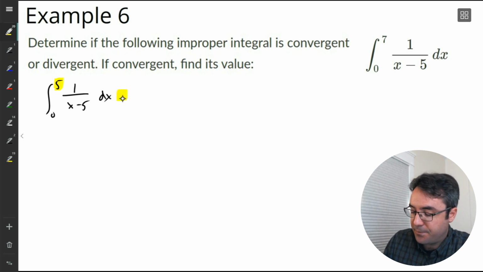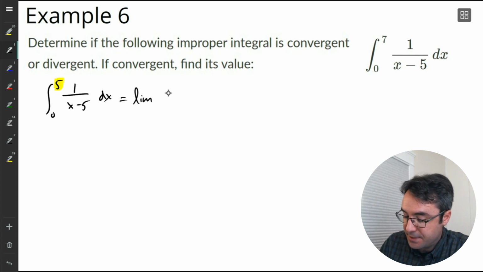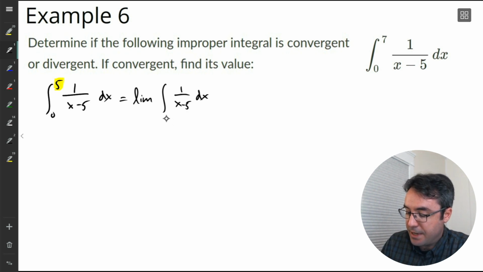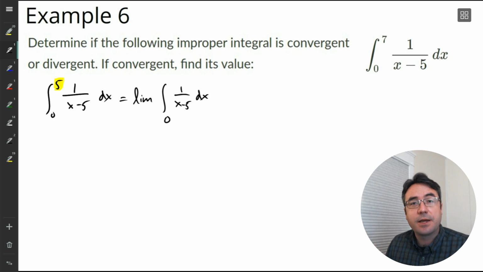So the first step in calculating this improper integral is to write it as a limit. We're going to see what happens to our function 1 over x minus 5, and we're going to integrate from 0. Now that discontinuity is happening at 5, so we can't just plug in 5, we have to approach it.